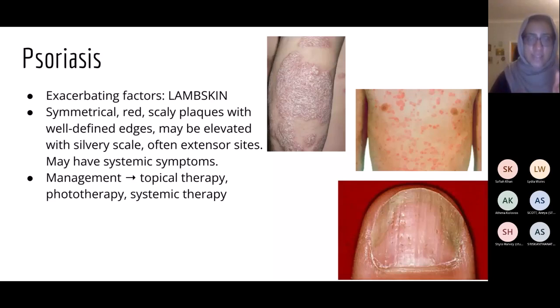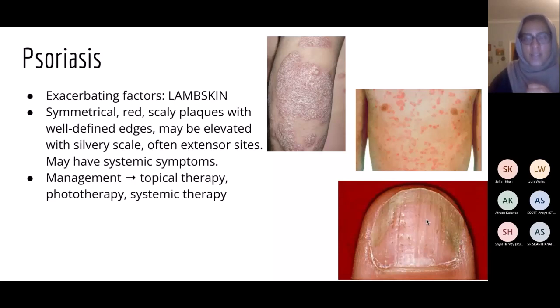With psoriasis you do get systemic symptoms as well. You are at increased risk of cardiovascular disease. You might have heard of psoriatic arthritis. And much further along the line, you might get nail changes. What you see here is pitting on the nail.